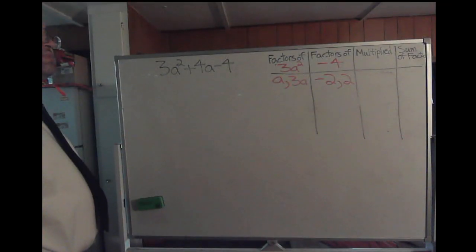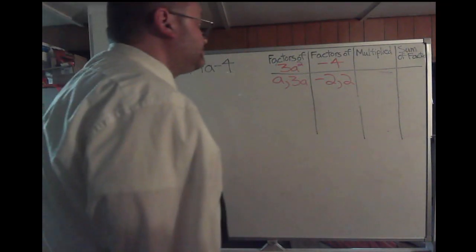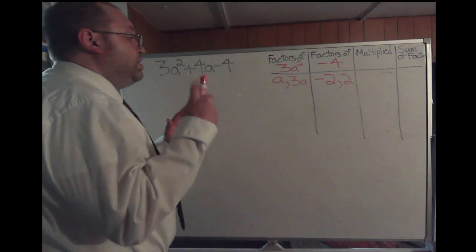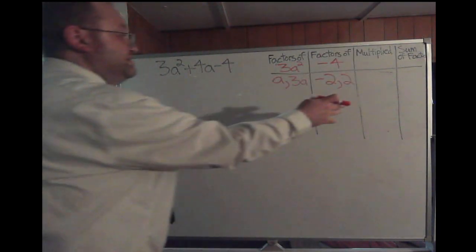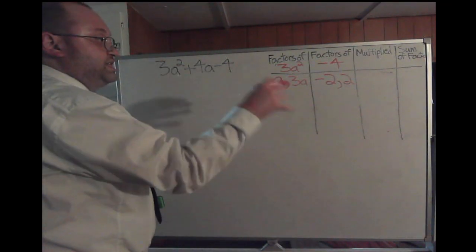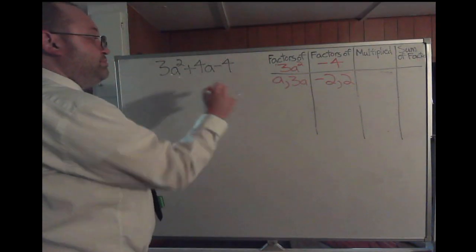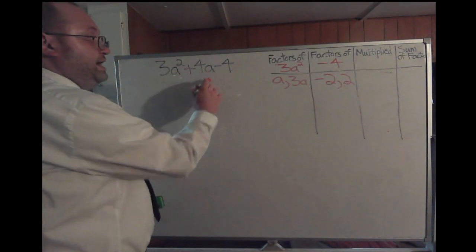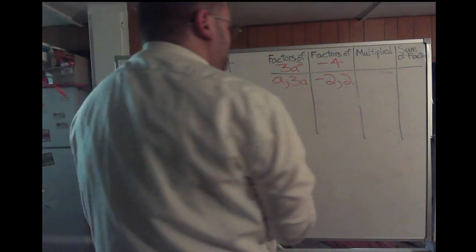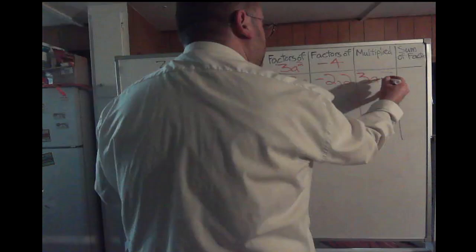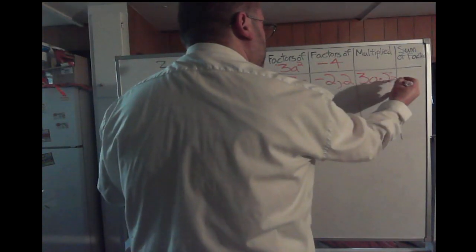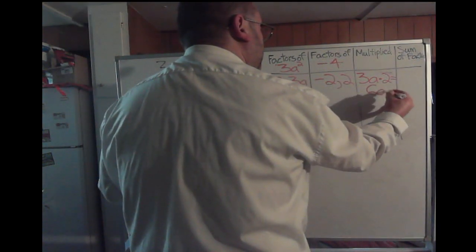Okay. Now, we need to figure out a way to multiply these and then add the sum of the factors together to get that middle term of positive 4a. Well, if I take 3a times 2, I would get 6a.